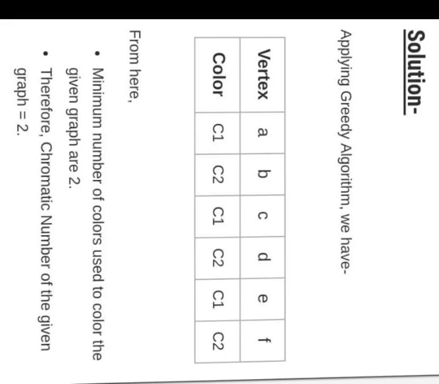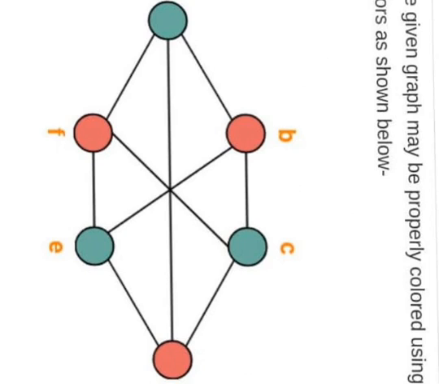From here, we observe that the minimum number of colors used to color the given graph is 2. Therefore, the chromatic number of the graph is 2. The given graph may be properly colored using two colors as shown below. This is a coloring of the graph.